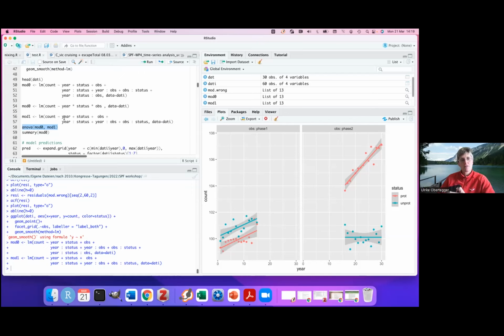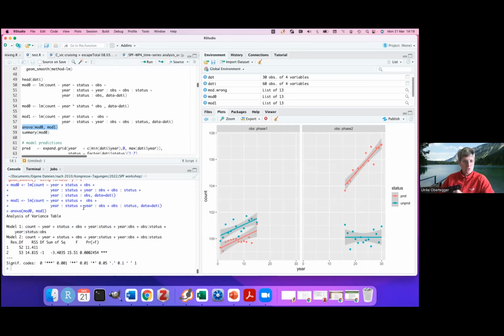That means there's a statistically significant difference in both models, and you cannot go with the easier model. But let's see it in action. So this tells you that the more complex model is needed to explain this data. If there is nothing statistically significant, then you can go with the less complex model.